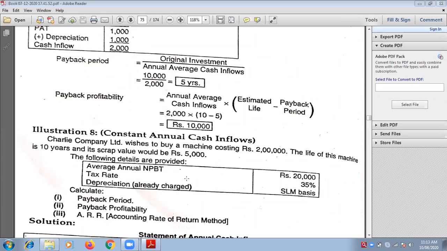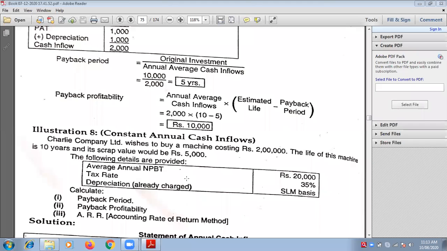This is what is available. Now, the steps before net profit before tax will not be done, because already net profit before tax is available to you. The steps before net profit before tax, we don't need to do them.